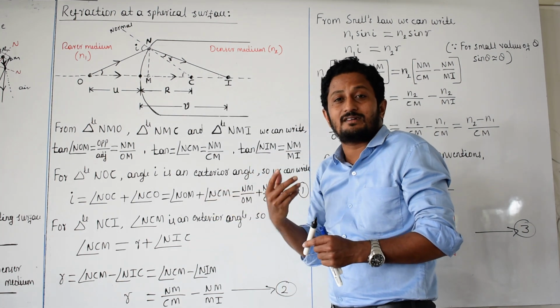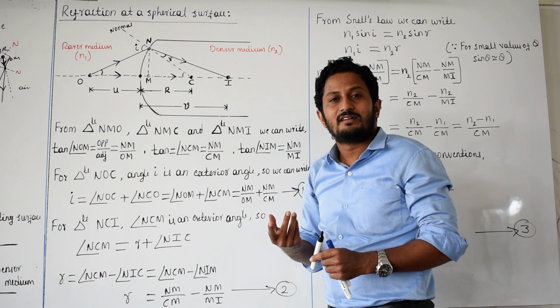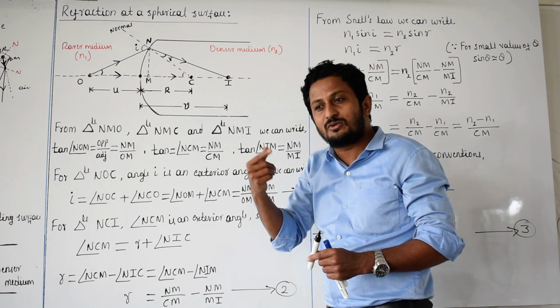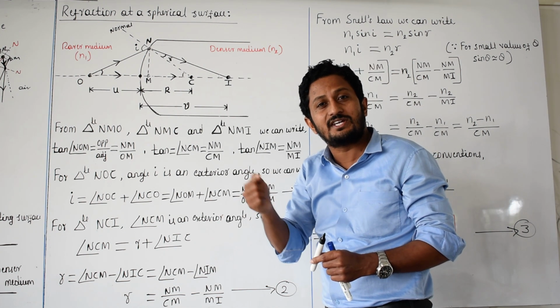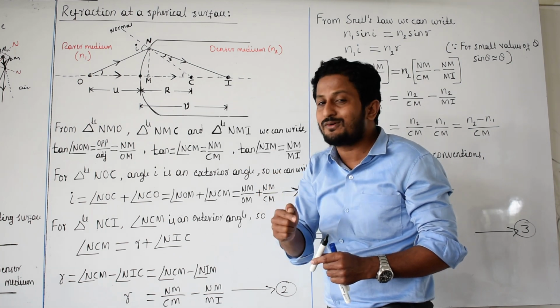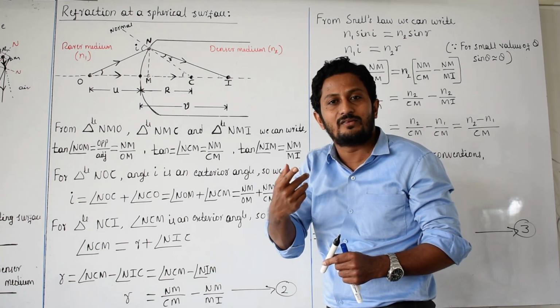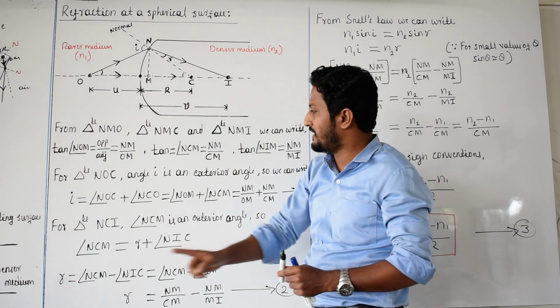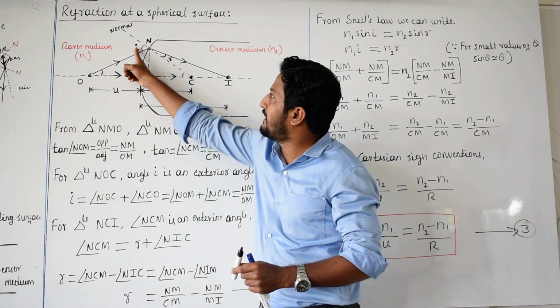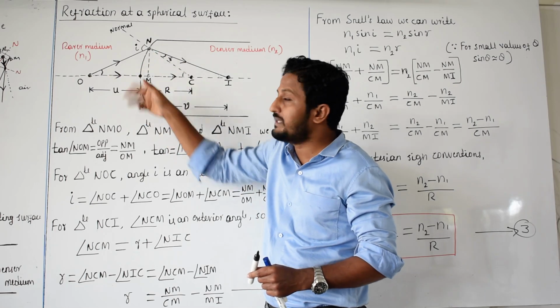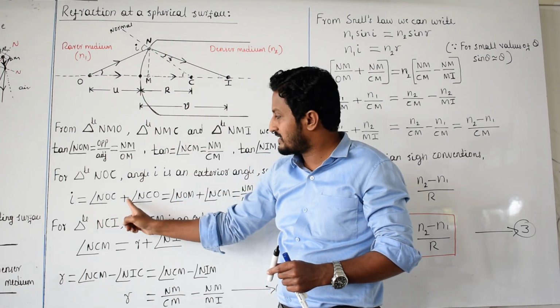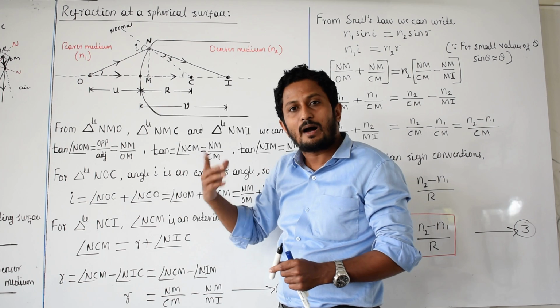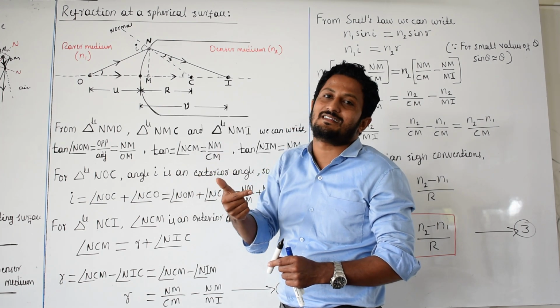What is the relation there? If an angle is exterior to the triangle, then that exterior angle is equal to the sum of the opposite interior angles.